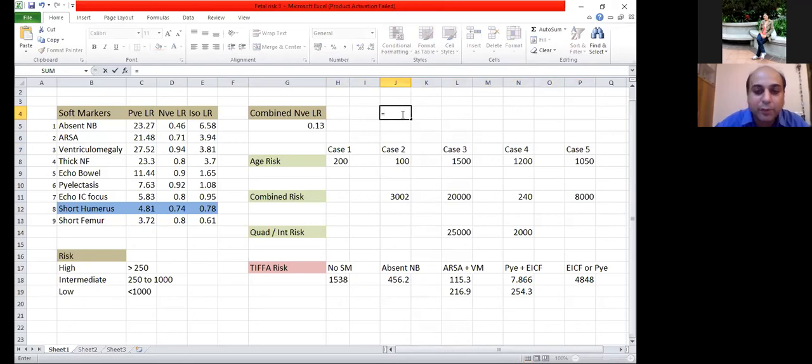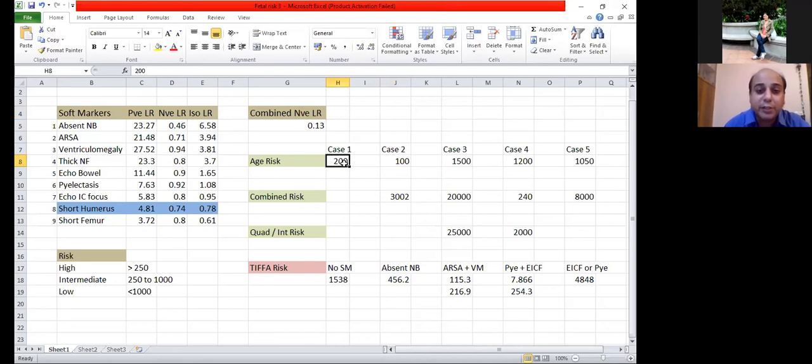So we'll take help of this Excel sheet and calculate the risk for the TIFA scan. Suppose in case one, the lady comes straight away for a TIFA scan, no previous scan done, no nuchal marker, no biochemical marker, no quadruple marker, the first scan is the TIFA scan. So the risk before the scan is the age risk, which is 1 in 200.